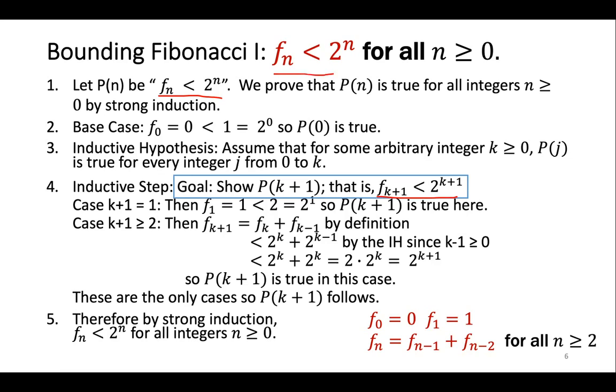So we have two cases: k plus 1 is 1, and k plus 1 is greater than or equal to 2. K plus 1 is 1 is easy. Definitely this case is true. If it is greater than or equal to 2, we need to use the definition to find k plus 1. This is the definition.